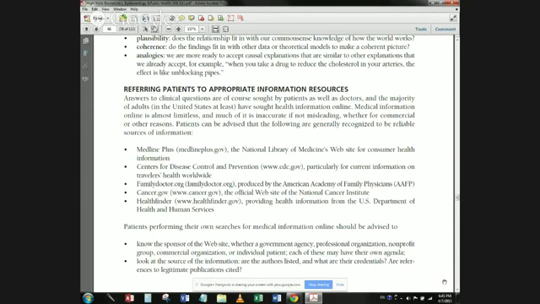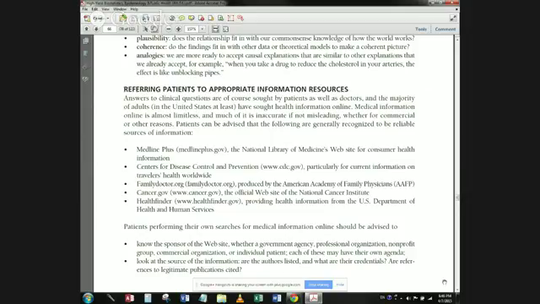Referring patients to appropriate information resources. Answers to clinical questions are of course sought by patients as well as doctors, and the majority of adults in the United States at least have sought health information online. Medical information online is almost limitless, and much of it is inaccurate if not misleading, whether for commercial or other reasons.